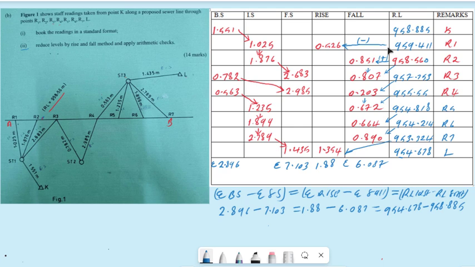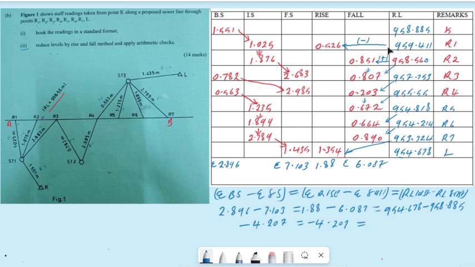This one will give me negative 4.207, which is equal to 1.88 minus 6.087, which is also giving me a negative 4.207, which is equal to 954.678 minus 958.885.